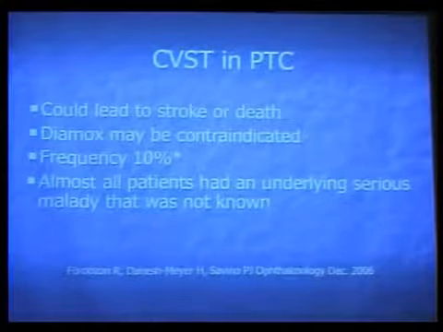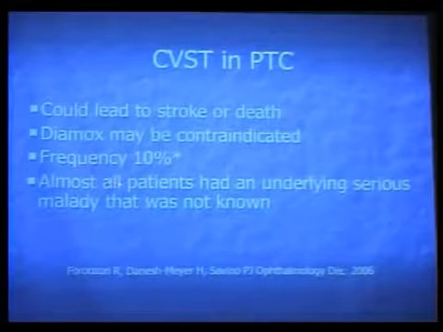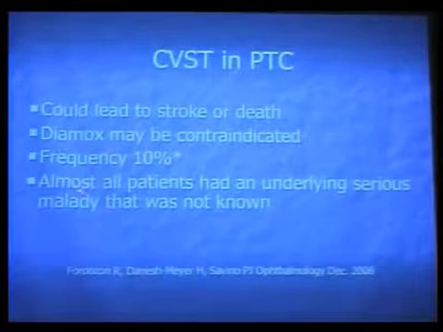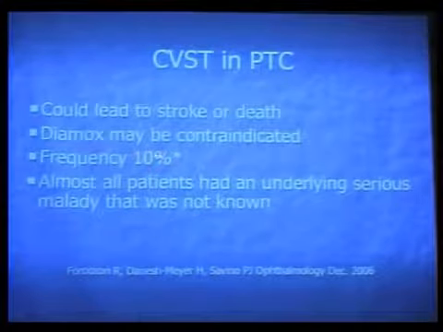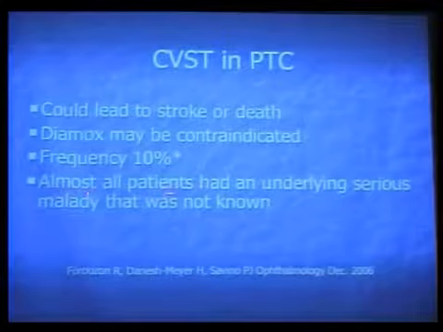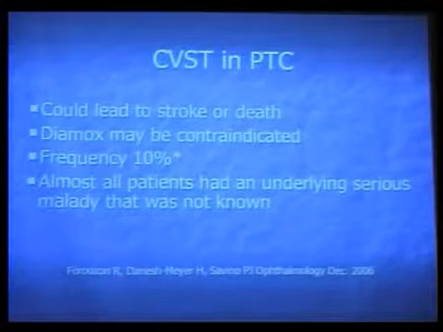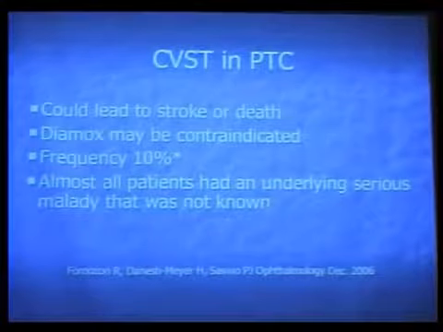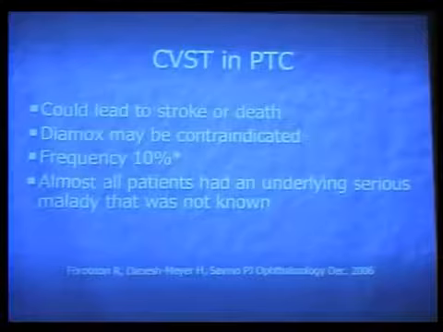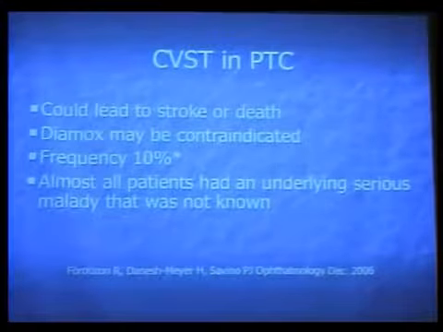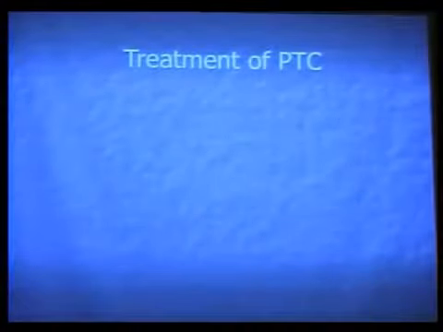So that's about, I think, the correct incidence of people who present with papilledema who have cerebral venous sinus thrombosis. And of the people that we found, about 9 out of the 10 in this group of 100 or so all had some underlying serious disease. They had some lupus, some autoimmune disease, something else that was causing them to have this coagulopathy that was unrecognized before we made the diagnosis of cerebral venous sinus thrombosis.